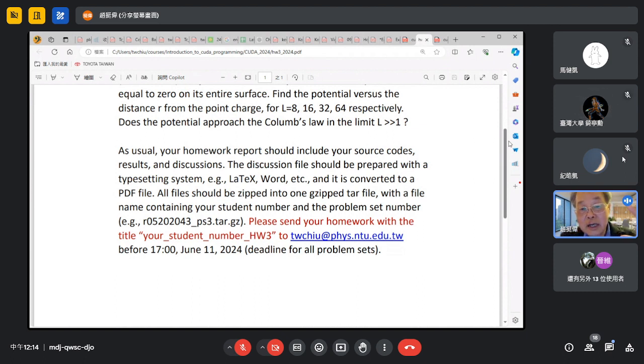For the lecture next week, I understand some of you may have a final exam next week. If you have a final exam or you are busy preparing for it, you can just skip the lecture. I will be talking about lattice QCD, how I use the GPU in my research on lattice QCD.